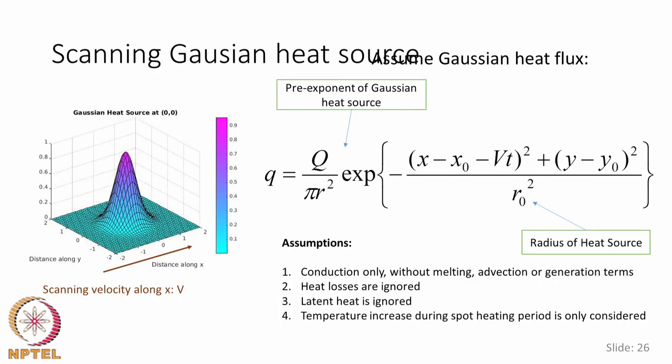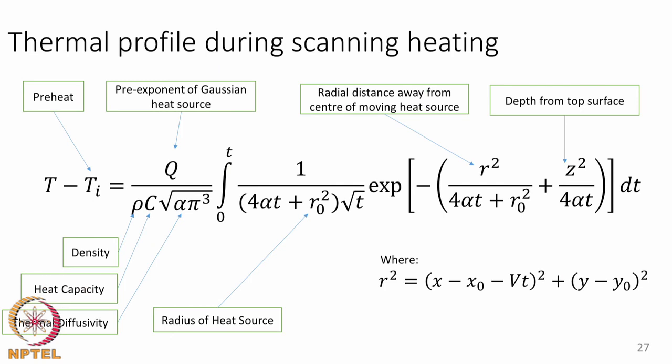The same thing can also be shown for a 3D moving heat source, and the only difference is that the distance along x takes a form which is affected by the velocity of the torch. That is why an extra variable, V t, comes into that part. How would the thermal profile look? It would be basically the same, except that the radial distance now has to take into account the motion of the origin of the heat source along the x direction, where v is the velocity of the torch along the x direction and t is the time elapsed.